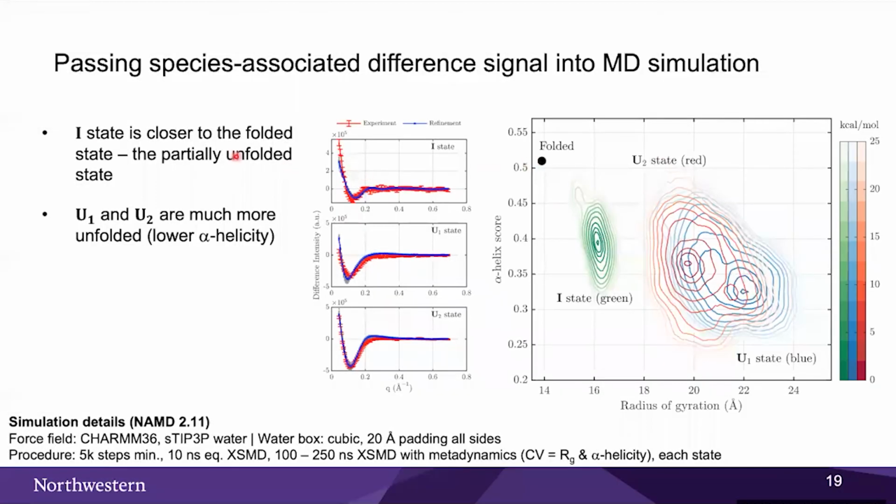We noticed that the I state is just a slightly expanded state with a radius of gyration of about 16 angstrom and a lower alpha helical score. And the U states are unfolded states, so they have much larger radii of gyration, right?